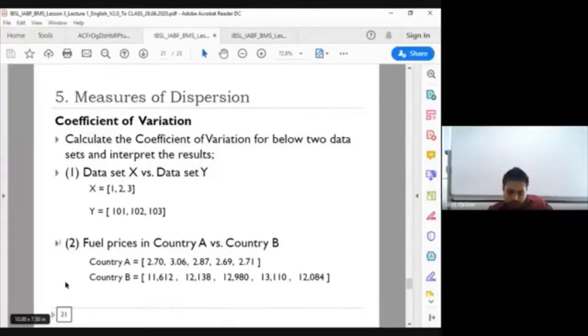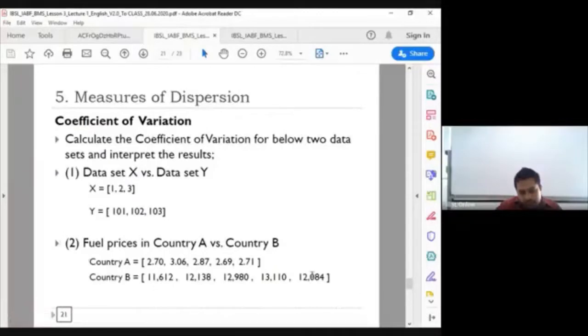So for the same data set, if you compute the variance, standard deviation and the coefficient of variation, you may identify which country would have more variation. So this would be a practical application.